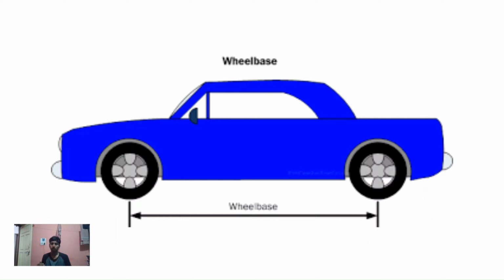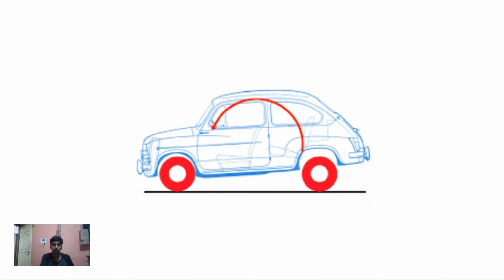Now, let me elaborate on each of these concepts, starting off with the comfort. Take a look at this picture. When the car is accelerating or braking, when you sat in the car, you might have felt that jerk, right?